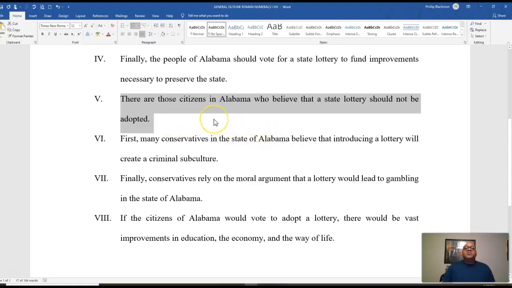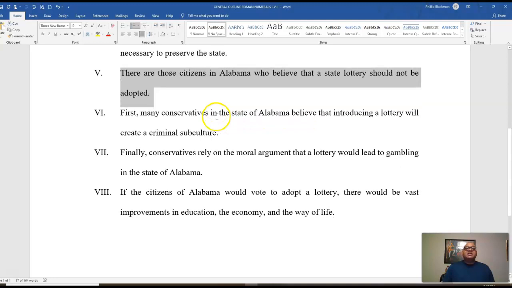If you're writing about marijuana and you want it legal, well, Roman numeral number 5 tells the reader that there are those people who believe that marijuana should not be legalized in the United States. Roman numeral number 5 is only a general sentence introducing the opposing view to your position. Again, there are those citizens in Alabama who believe that a state lottery should not be adopted.